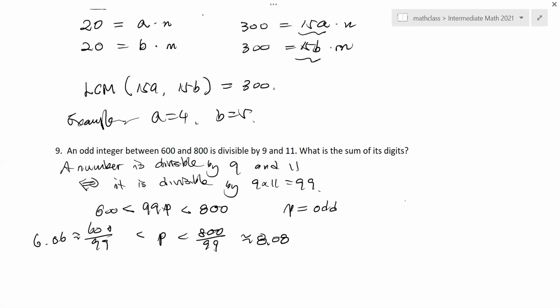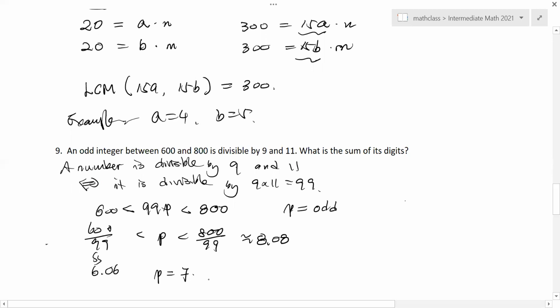So let me erase, probably you cannot see it. So p is between those two numbers. Since p must be an odd integer, the only possible solution for p is 7.